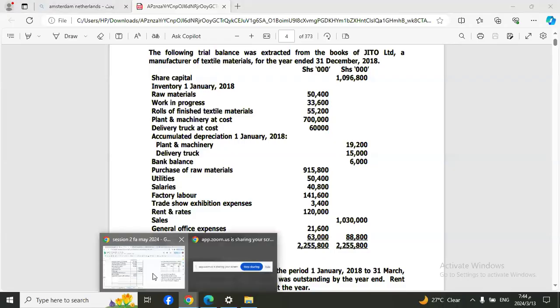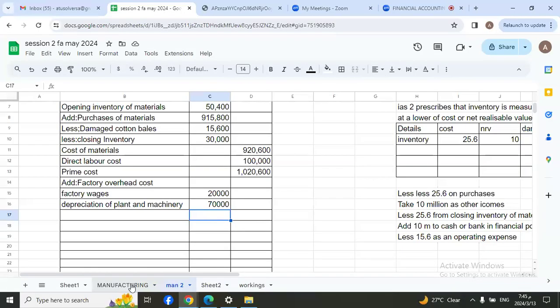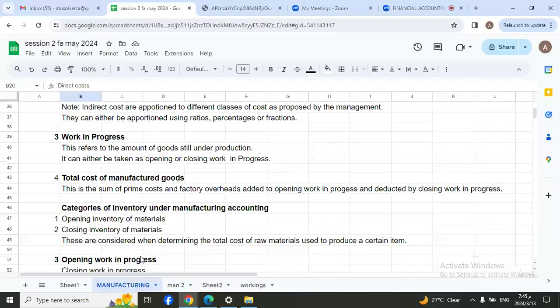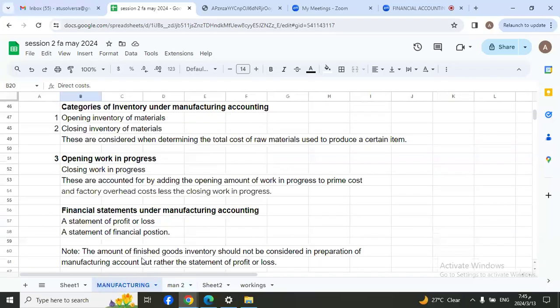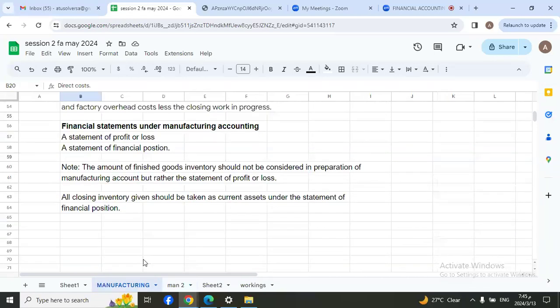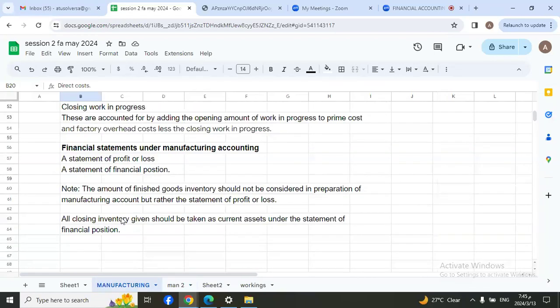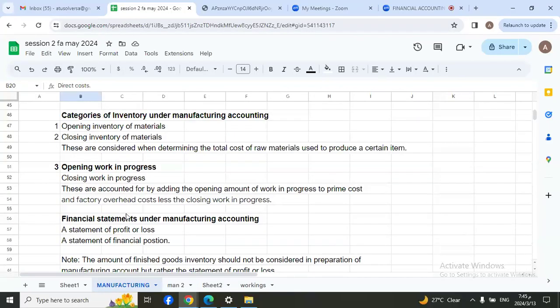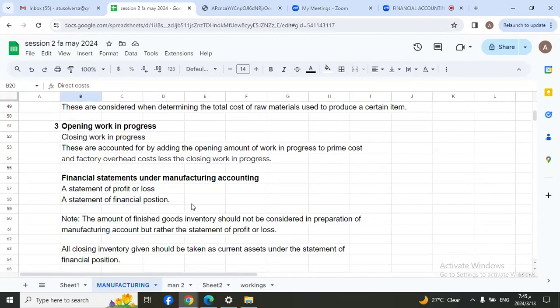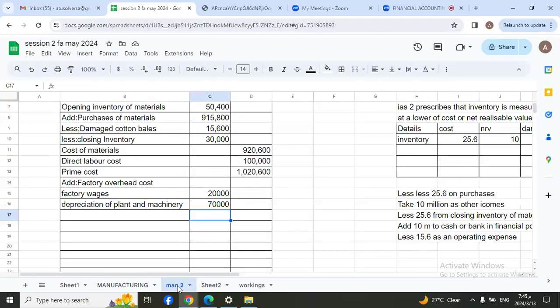For example, if I go back here, look at where I wrote that these ones need to be apportioned. So we said that these ones need to be apportioned according to the three classes: factory overheads, selling and distribution, then admin costs.